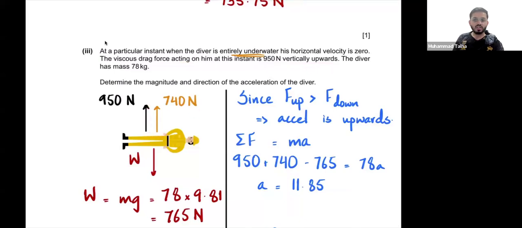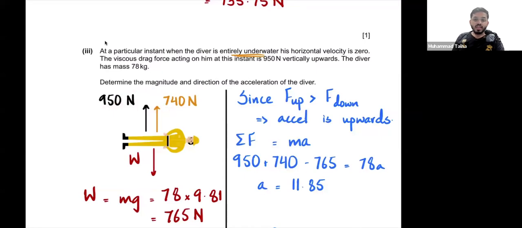That is what I have marked in this diagram, where you have basically, I don't know, maybe this guy is Bob the Builder. I haven't watched the cartoon in quite some time, but 950 Newton, this is upwards, and the diver has mass this much. Determine the magnitude and direction of the acceleration of the diver. So I have 950, which is upwards.